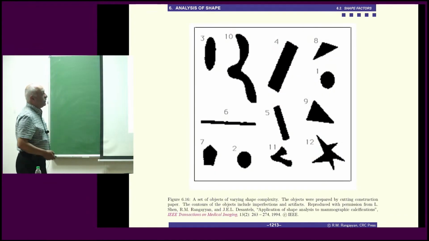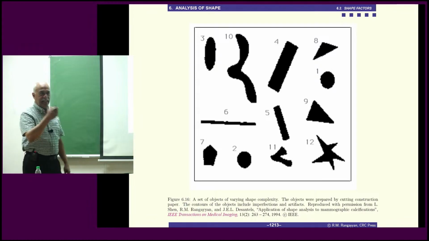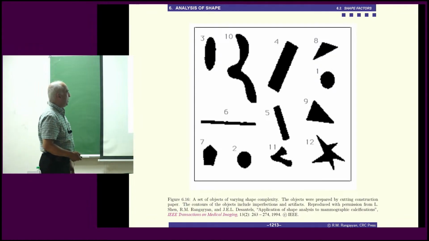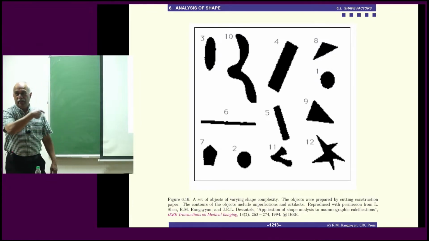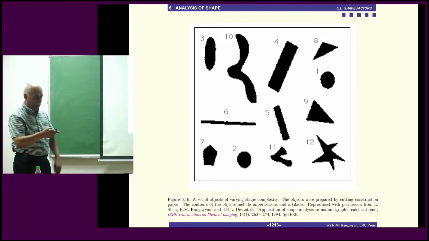And then he also did this with paper and then scanned, or digitized I should say, with a camera. And then he ranked these as shown, 1, 2, and so on. This is like a speculated tumor, and he put that as 12. But some of you may rank these in a different way.